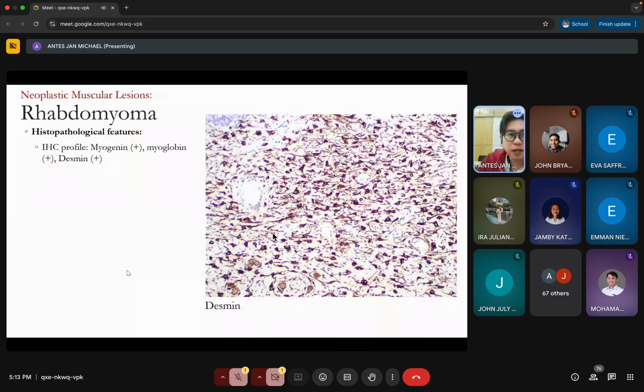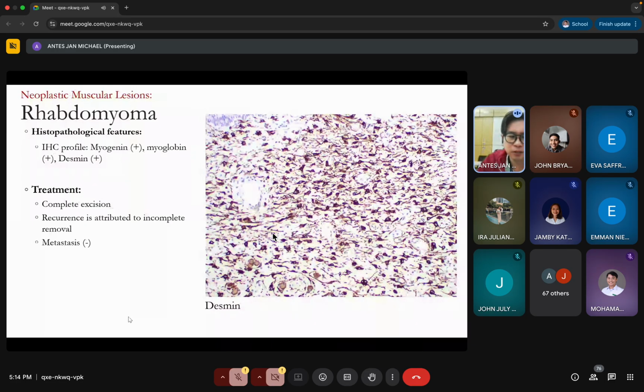So the IHC profile for rhabdomyoma is positive for myogenin and myoglobin. Desmin is also positive. The treatment for this is a complete excision. The recurrence is attributed to incomplete removal. Metastasis is not seen, as seen in rhabdomyosarcoma.